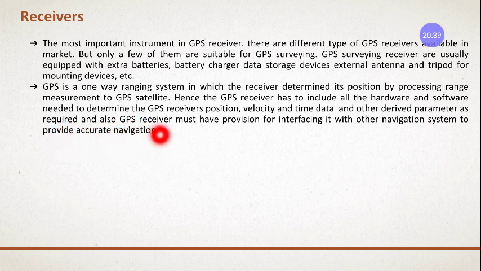Also, the GPS receiver must have provisions for interfacing it with other navigation systems to provide accurate navigation. So he has to look for various things, but nowadays it is very fast and all automatic. You need not enter anything, just turn on the receiver, get the signals, and the processing will be done, and you will get the location. Right?